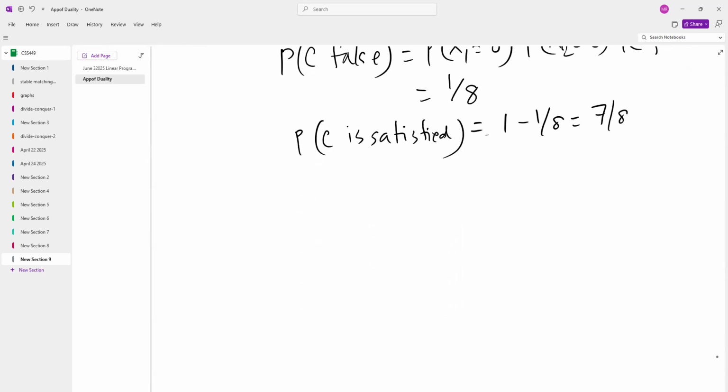Now this is not a deterministic algorithm, right? Because the number of clauses that you satisfy can differ every time. So here we have to talk about the expected number of clauses satisfied.